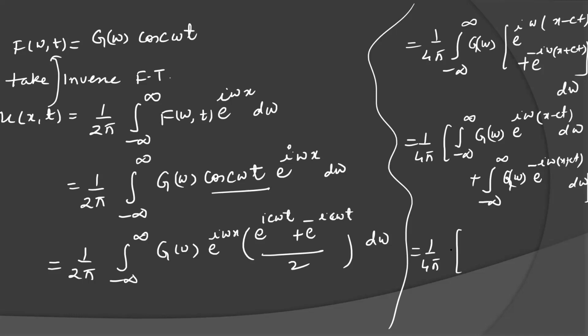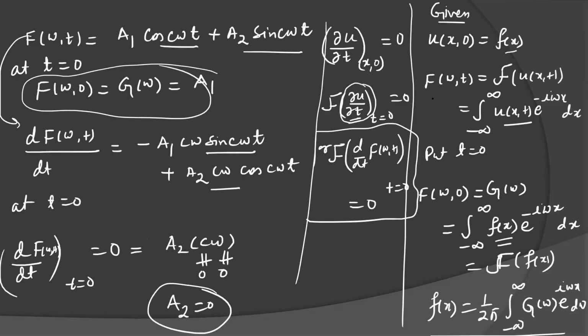If you compare this term with the inverse f(x), here f(x) is the coefficient of iω. So here it will be equal to the value x minus ct, and 2π we can take to the left side.